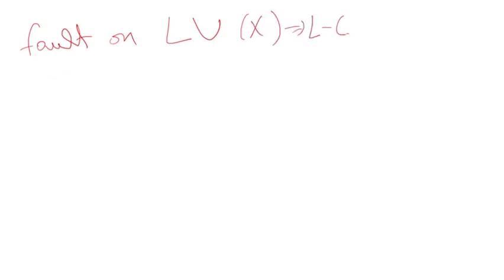So this video is about a fault on the low voltage side, the X side, which is a line to ground. So I calculated the sequence components of the current that will flow through the high voltage and low voltage.